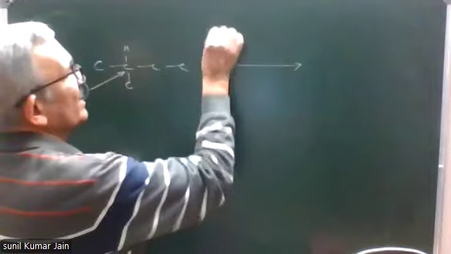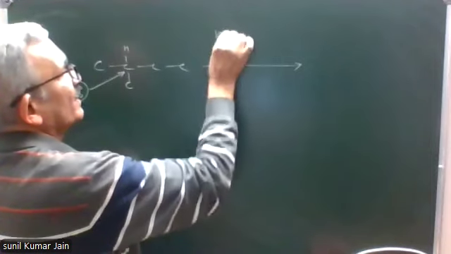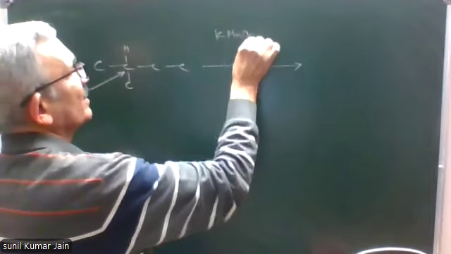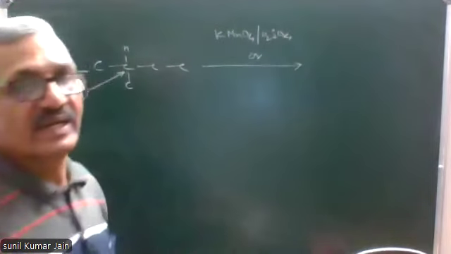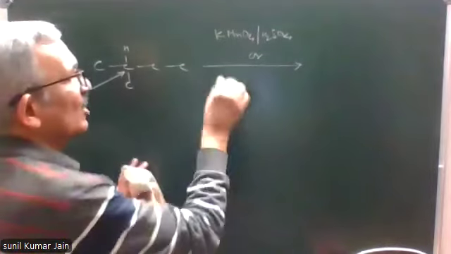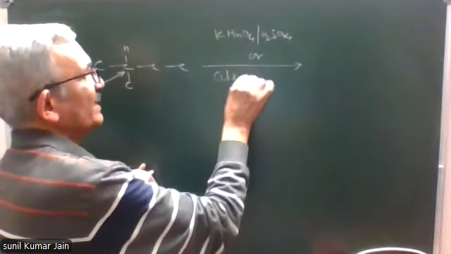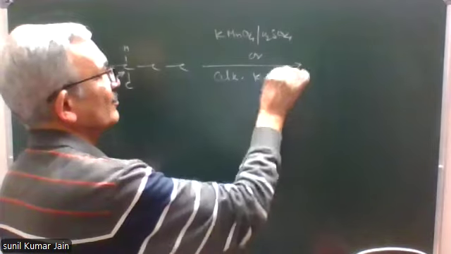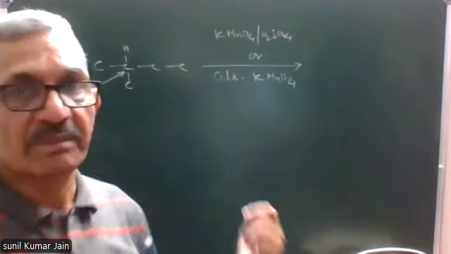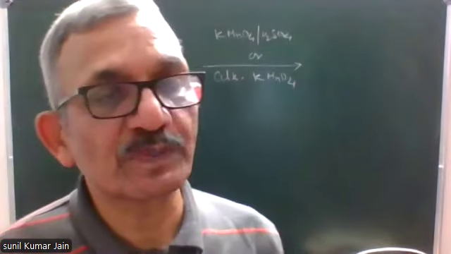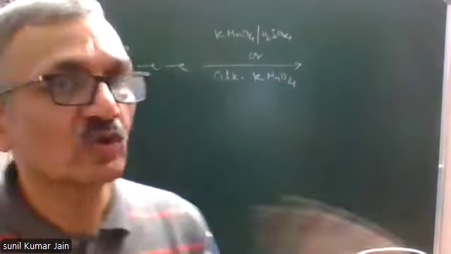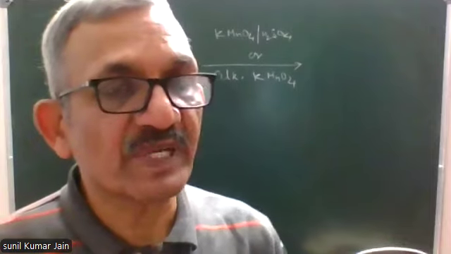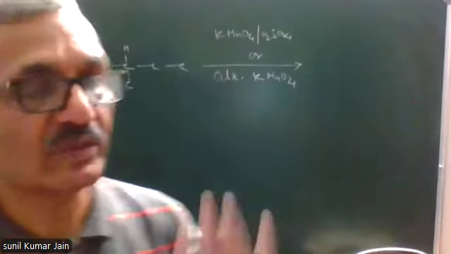So we can use KMnO4 with sulfuric acid, means acidified KMnO4, or alkaline KMnO4. In place of KMnO4, we can also use potassium dichromate, that is K2Cr2O7. No balancing, no byproducts are required. Just replace tertiary hydrogen by OH group.